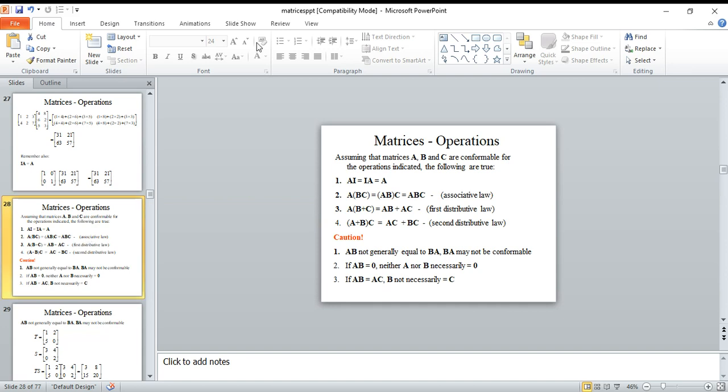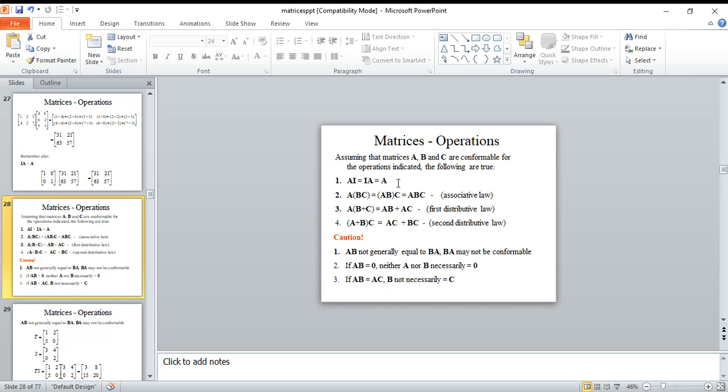Assume that matrices A, B and C are conformable for the operations indicated. The following are true: A into the identity matrix equals identity into A equals A. So identity matrix into a matrix gives only that matrix. Identity into something is something, not identity.